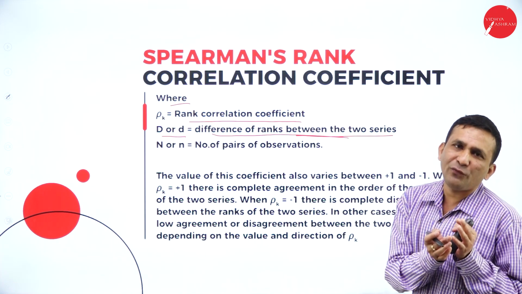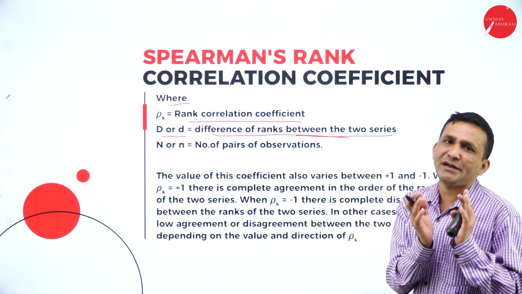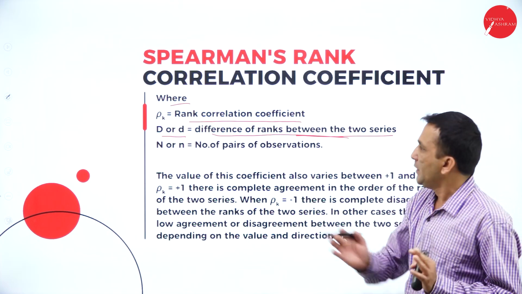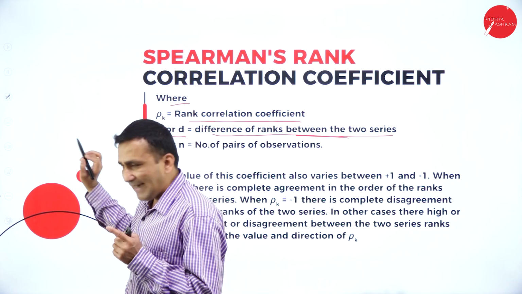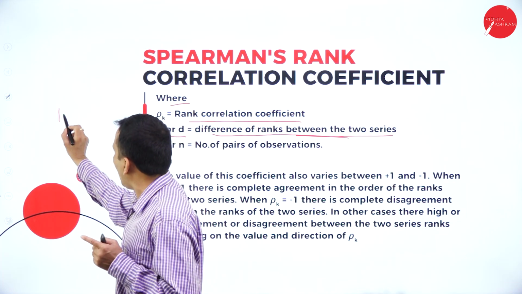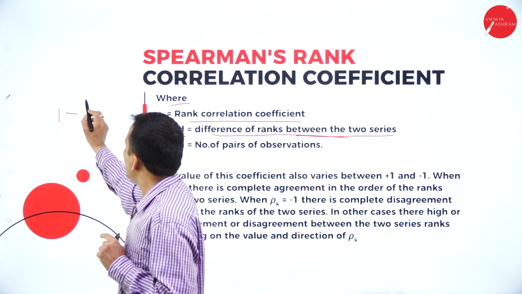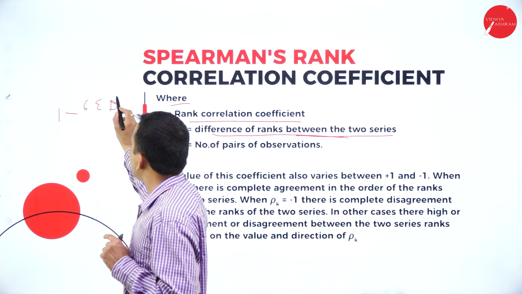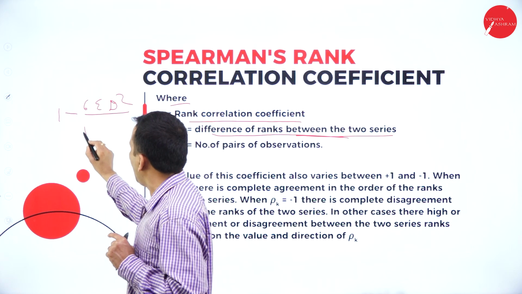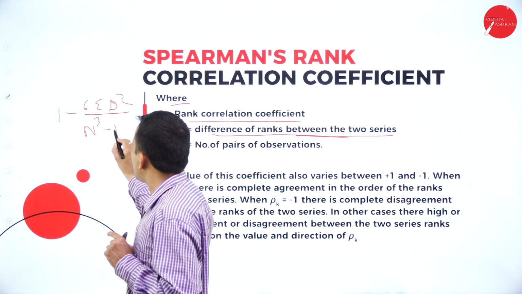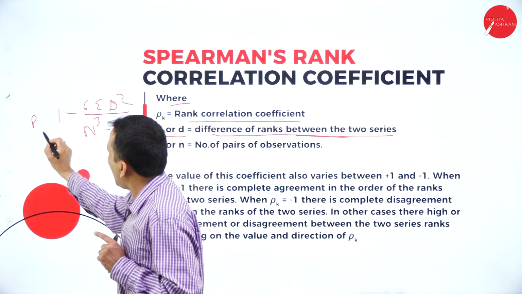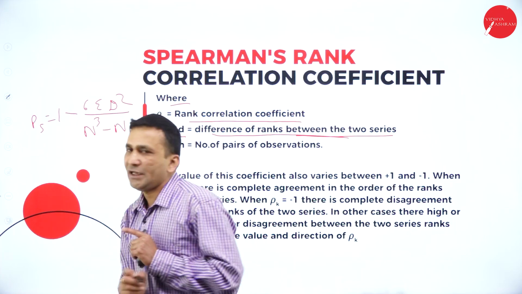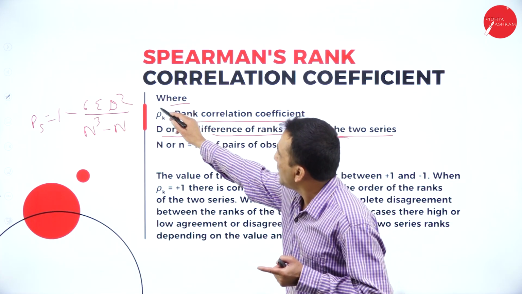Whenever you do correlation, of course two sets of data are very important. The difference we are finding, d stands for difference. For your understanding, I am writing one more time: 1 minus 6 sigma d square divided by n cube minus n. It is a very simple formula. We are finding a Spearman correlation, or you can write Kp.